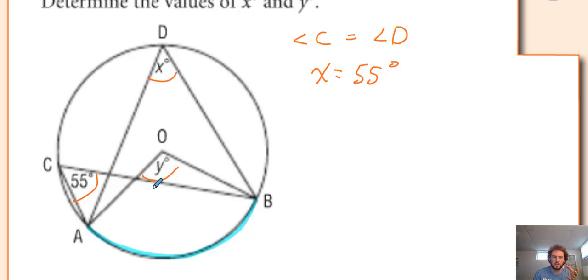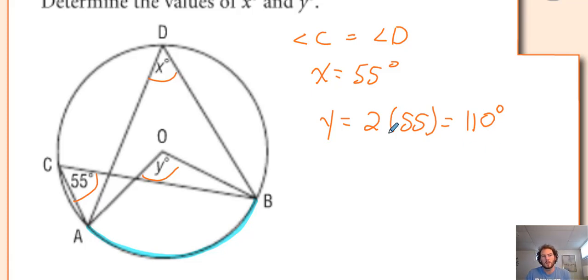Because y is the central angle that is subtended by this arc AB as well, then y is going to be twice as big as those inscribed angles. So y is going to be equal to 2 times 55, which is 110 degrees.